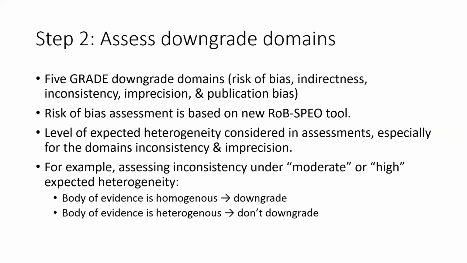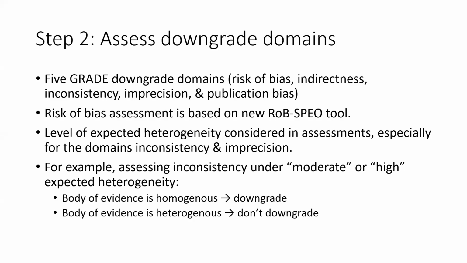I wanted to note that risk of bias assessments are based on a new tool that we've developed for assessing risk of bias in exactly this type of studies estimating prevalence of exposure to occupational risk factors. So we now also have a tool at hand specifically tailored for occupational health assessments for risk of bias. Another set of methods that we've developed specifically for our systematic reviews of prevalence studies.